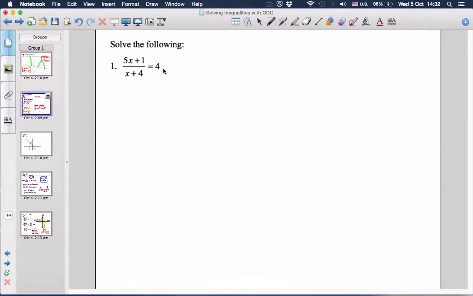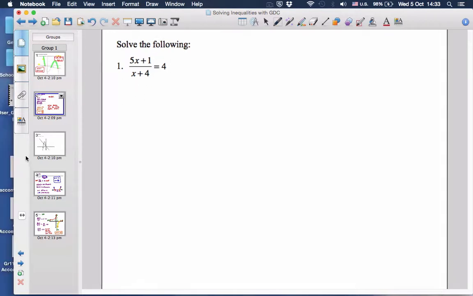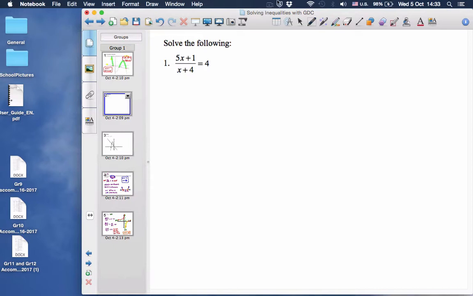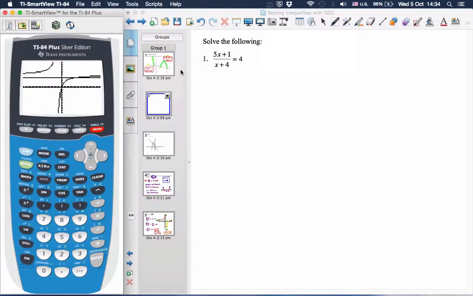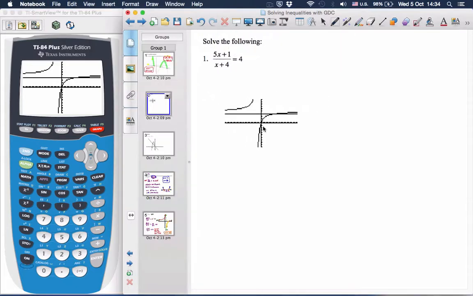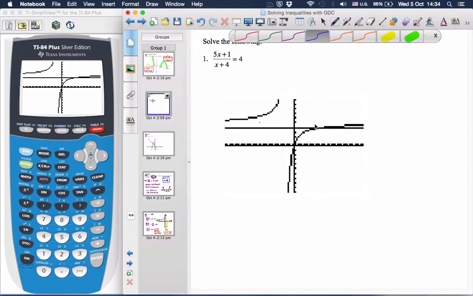Okay, when we were solving this, (5x + 1)/(x + 4) equals 4, you can do this by graphing, right? So let's do it by graphing. Here's a graph of (5x + 1)/(x + 4), and this horizontal line is y equals 4. If we were looking for the place where these two are equal to each other, it'll be right here.